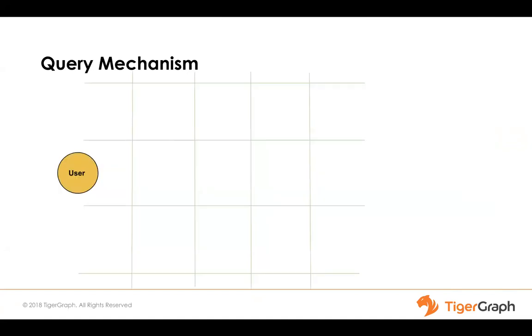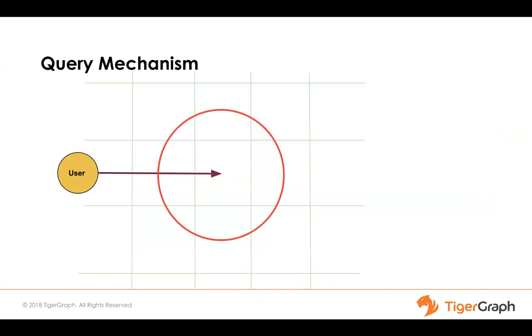Okay, so this animation shows the mechanism of the query. Given a user located somewhere on the map, starting from the location, I will search a certain area within the given distance.